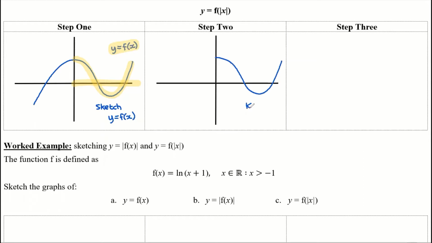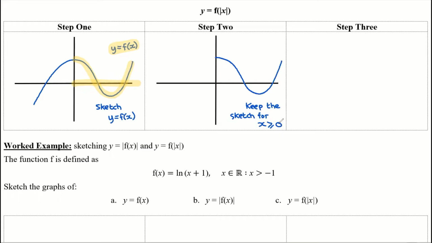So we're going to keep the sketch for, and this is not mathematically technical, this is just for your own notes really, for x is greater than or equal to 0. And for the reasons I've just explained, the modulus has no effect on this part of the graph.